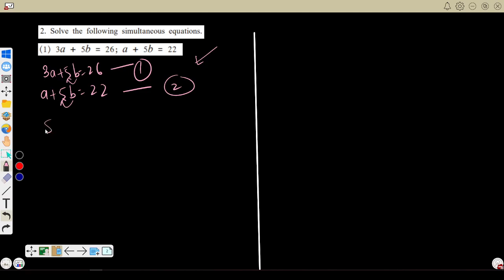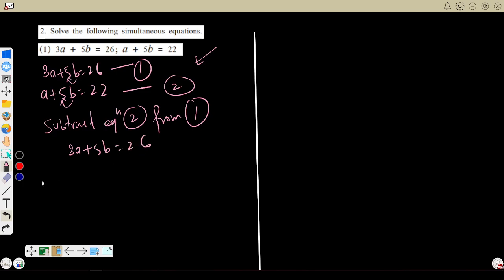So here what I will do is I will subtract equation 2 from equation 1. So this will be 3a plus 5b is equal to 26 minus a plus 5b is equal to 22. So 3a minus a will be 2a, 5b minus 5b will be 0, is equal to 26 minus 22 will give me 4.